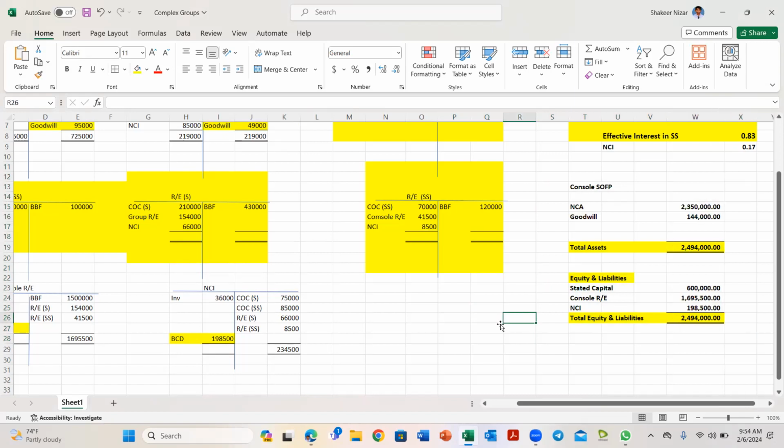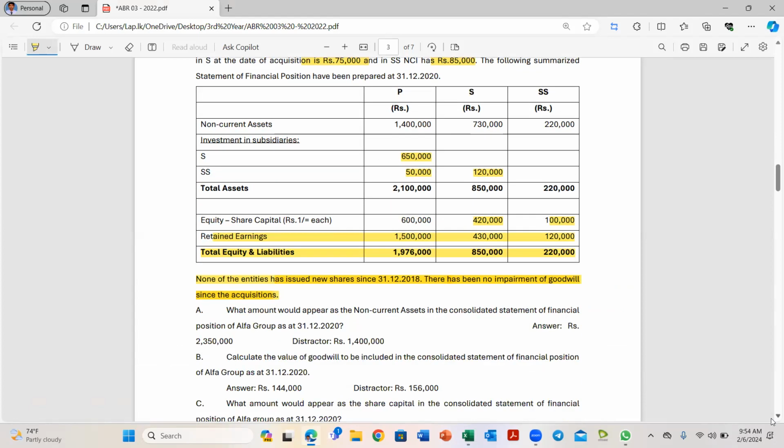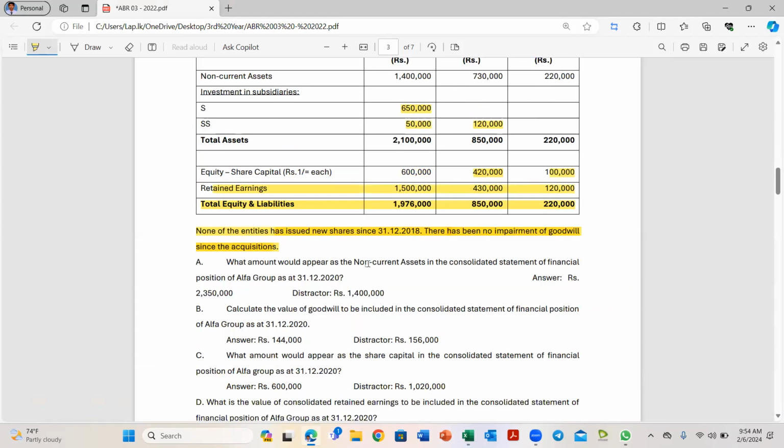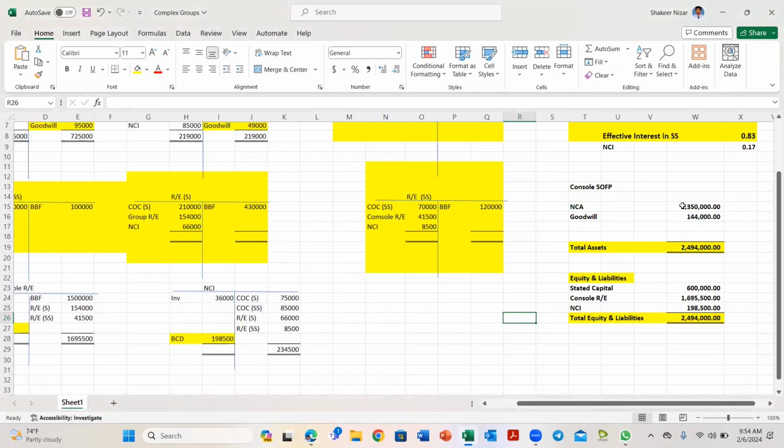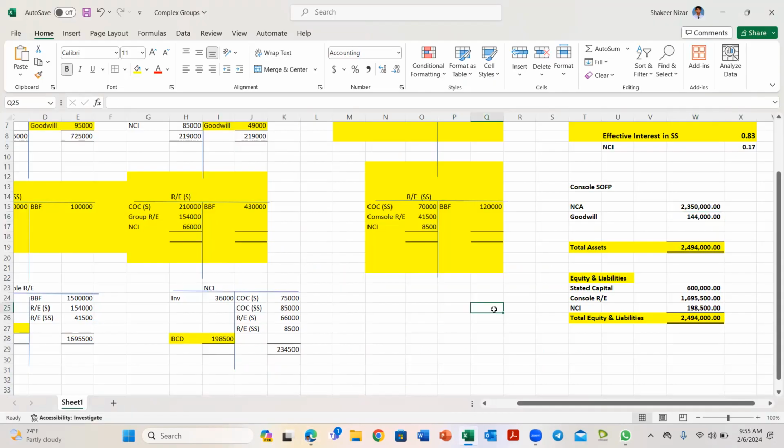If I'm going through with you, the first question asks what is the amount appearing in the NCA? 2,350,000. That is correct. Secondly, it asks to calculate the goodwill, 144,000, right? It is there. That is correct.